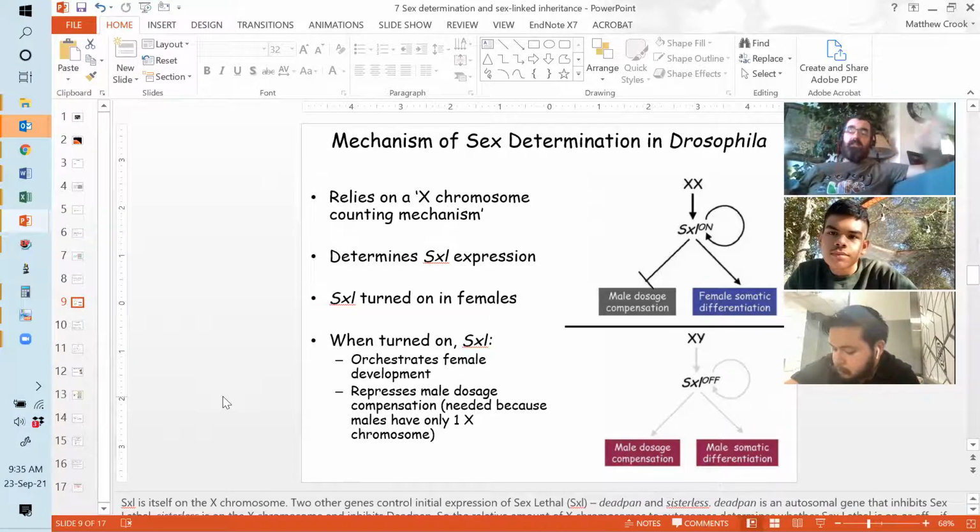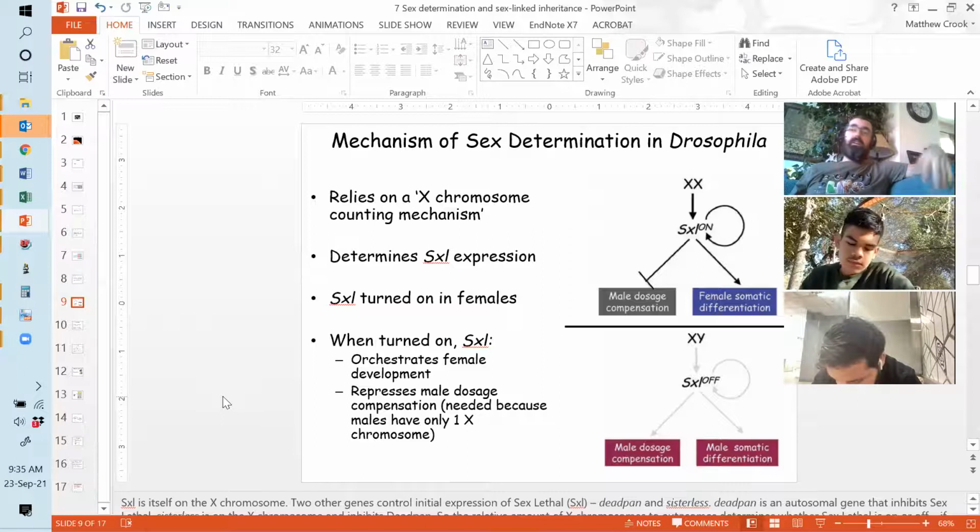If you have an imbalance, and you only get an imbalance if you have fewer X chromosomes than autosomes, then deadpan is still able to do its job, which is to turn off sex lethal. So it's essentially a comparative deal, which then results in an outcome, which is sex lethal on or off. On equals females, off equals males.